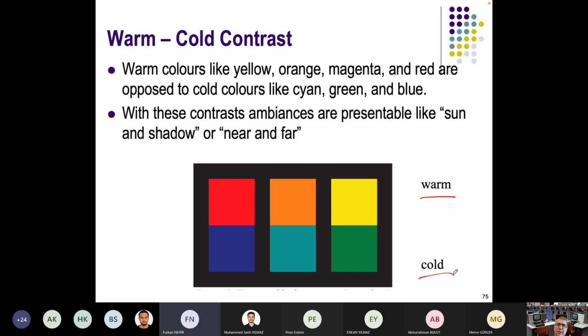Usually warmness is related to the warm spectrum of visible light, so which side it is on matters. Near, far, good, bad, hot, cold, more or less, those kinds of associations.